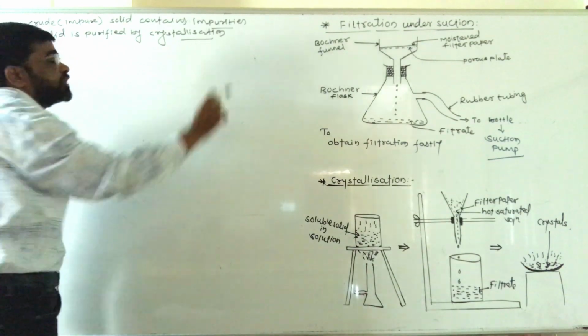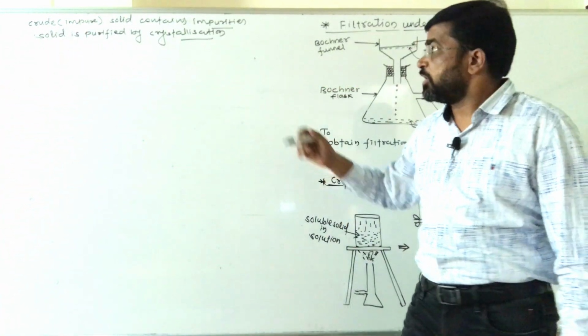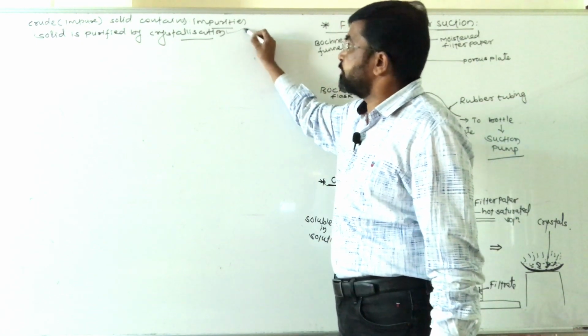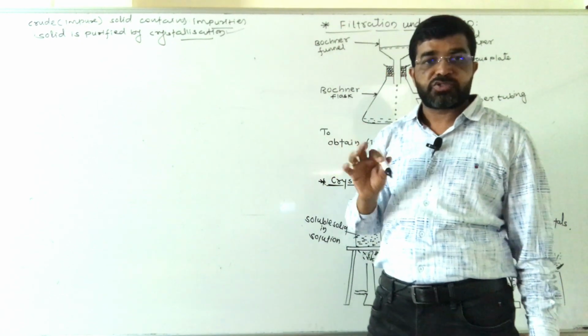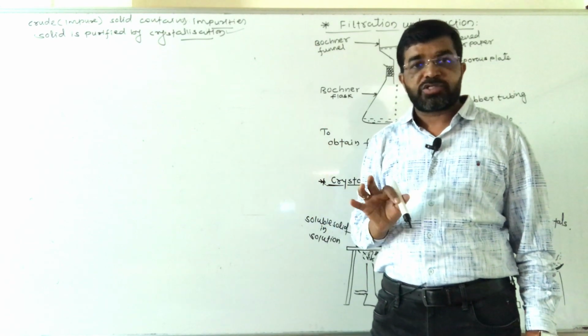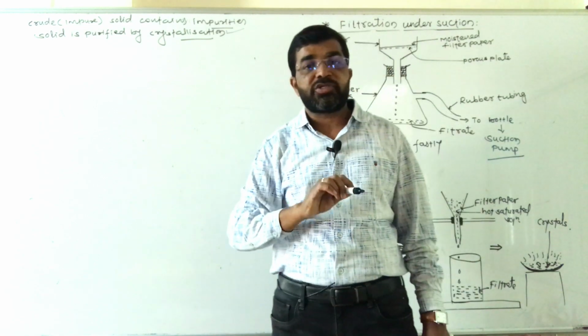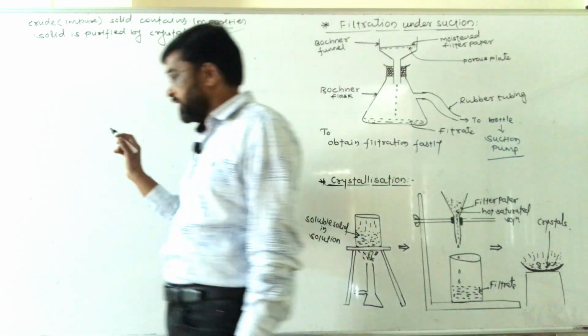So purification of a crystalline solid takes place by the process of crystallization. Now what is the process of crystallization? We are to study the steps involved in the process of crystallization.